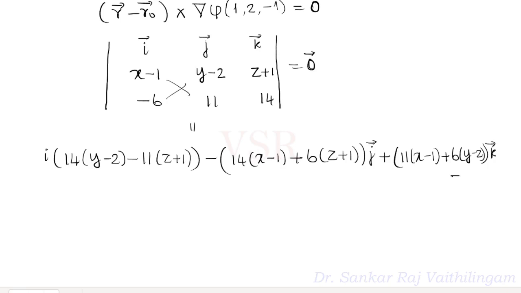This is equal to 0 vector, that is 0i plus 0j plus 0k. Okay, so this is my vector.